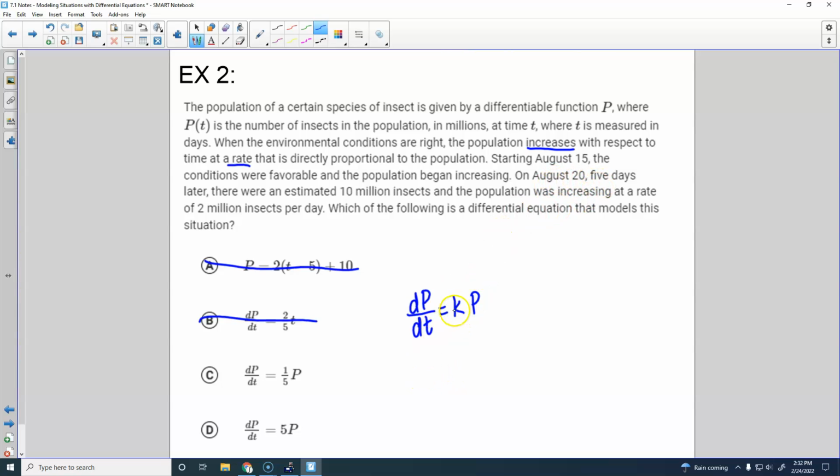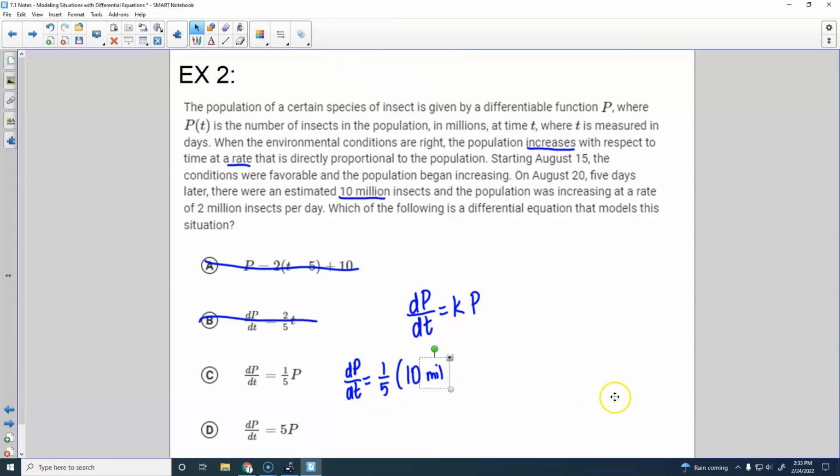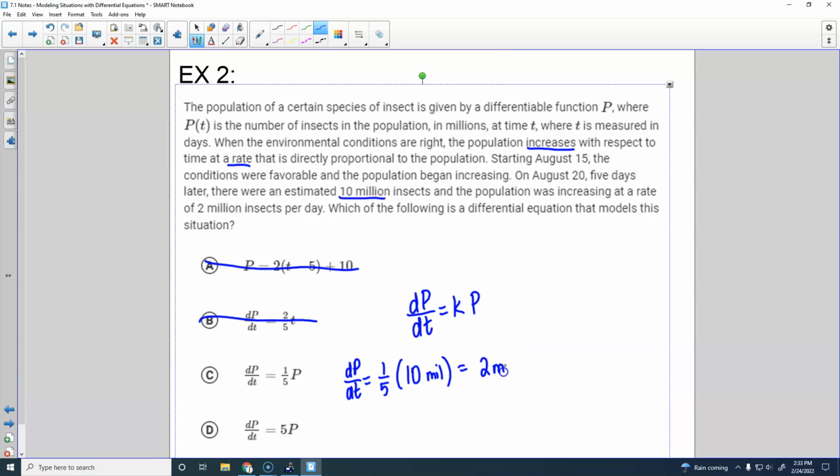I know that if it's 1/5 P, then dP/dt right here is 1/5 times the population, which is 10 million. P is population, right? So 1/5 times 10 will give us 2 million.